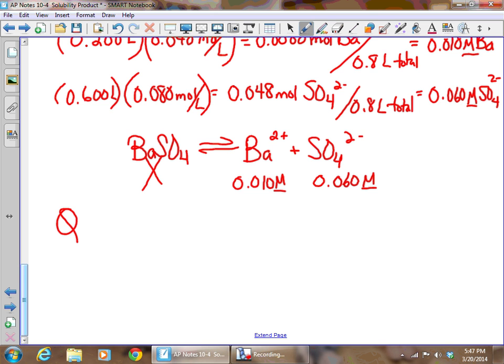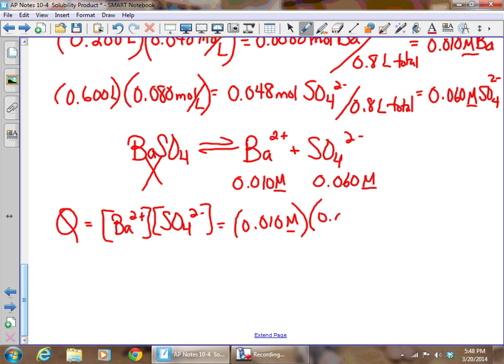Q, which remember is calculated the same way as KSP, is going to be the concentration of the barium ion times the concentration of the sulfate ion, which is going to be the 0.010 molar times the 0.060 molar, which is going to give us a value of 6.0 times 10 to the minus 4th.